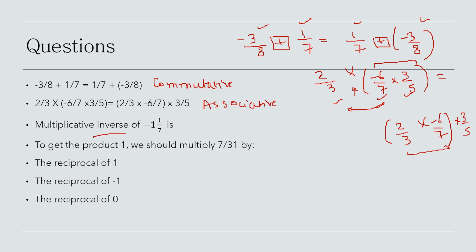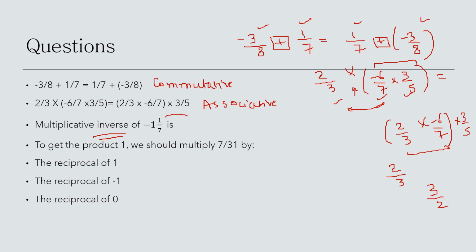Now you have to find the multiplicative inverse. I just told you about the multiplicative identity, which is 1. Correct? But if you have to find the inverse, that means if you have 2 by 3, just take its reciprocal. You will get the multiplicative inverse. Okay? And so, minus 1 and 1 by 7.